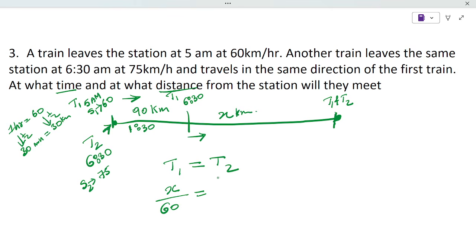For train 2, the distance will be 90 kilometers plus x kilometers, and the speed will be 75 kilometers per hour.